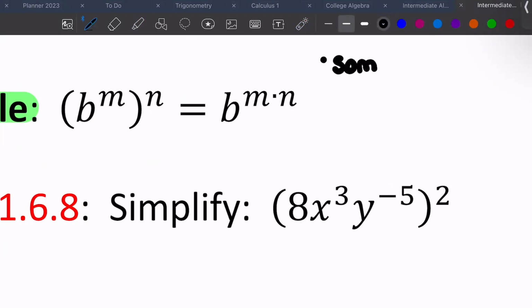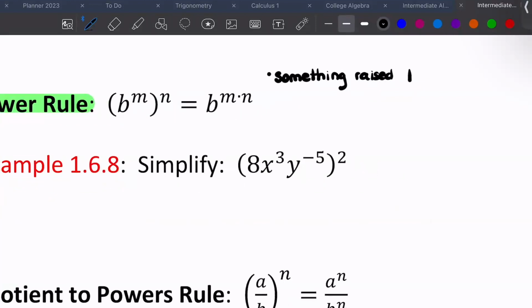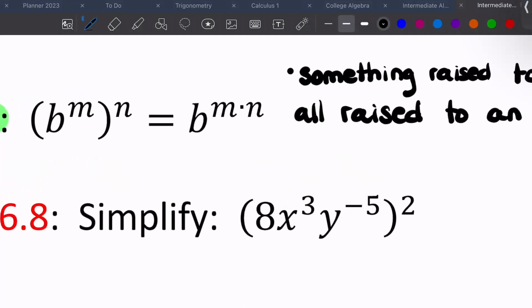Something raised to an exponent, all raised to an exponent. Look what I mean.